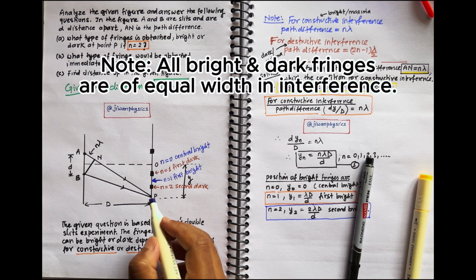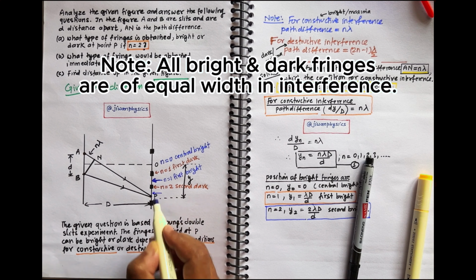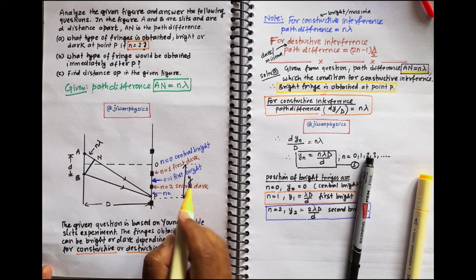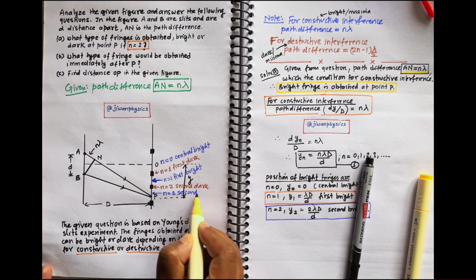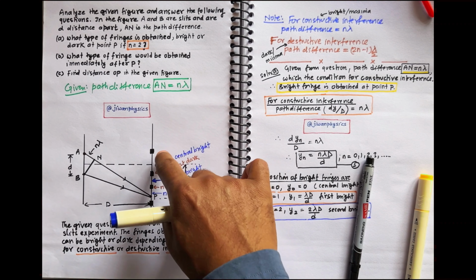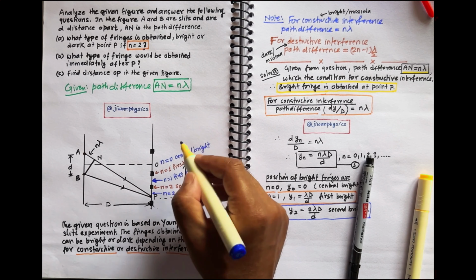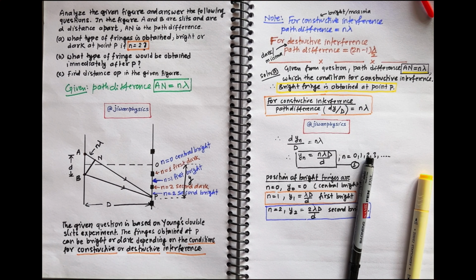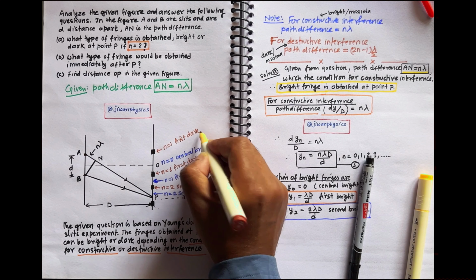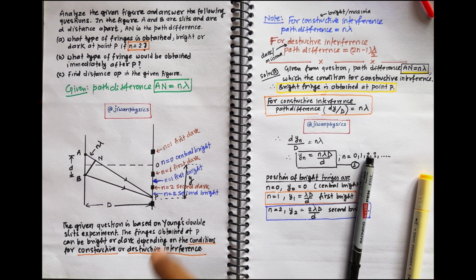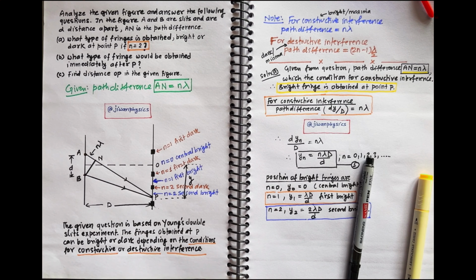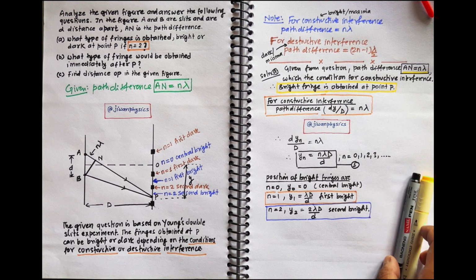And this, that is P, is n equals 2, the second bright. Similarly for this side also, this is first dark, n equals 1. Clear? I am taking the points below O, since we have point P below O given in the question.